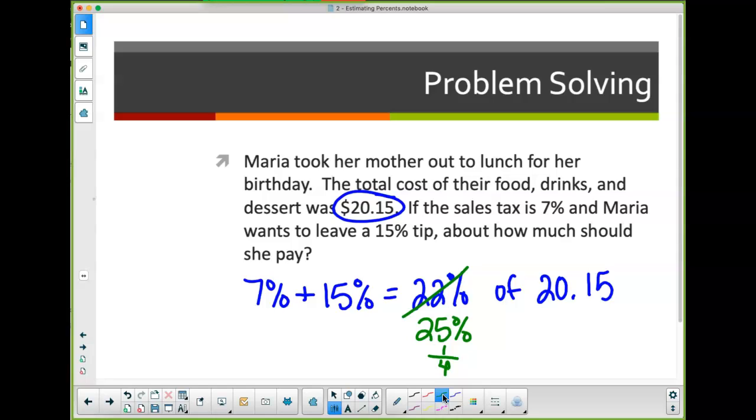Do I want to find a fourth of $20.15? Make that nicer. What's better than $20.15? How about just 20? Who cares about the odd amount of change? How about 20? So what's a fourth of 20? Or 20 divided by 4?